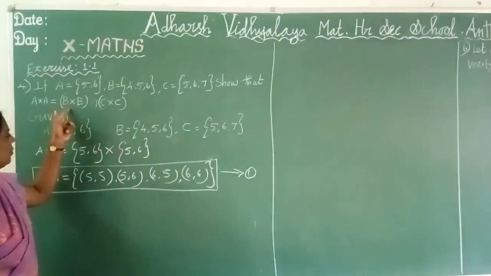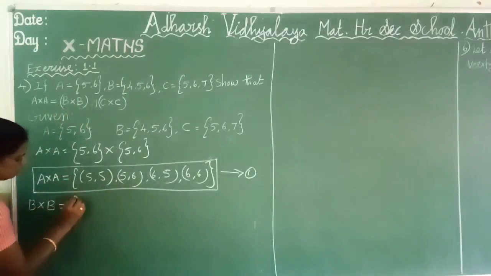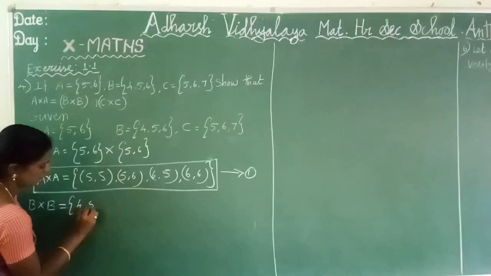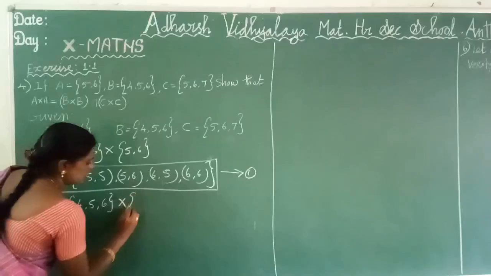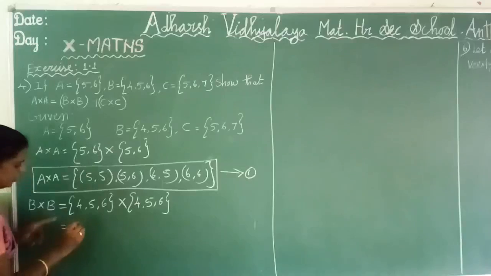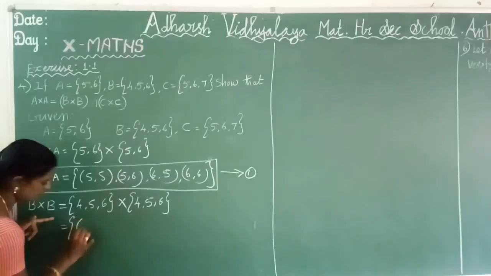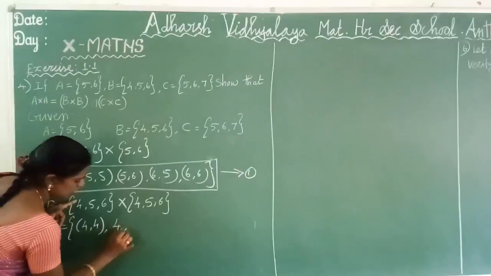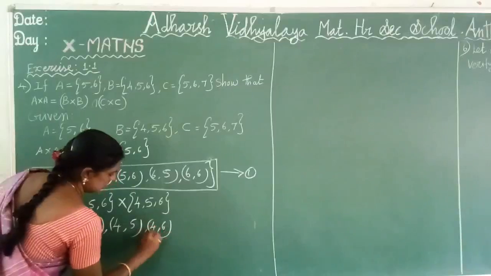Next you find B cross B. B is the set {4, 5, 6} cross again B. Take the first element 4 with 4, 5, 6: (4, 4), (4, 5), (4, 6).